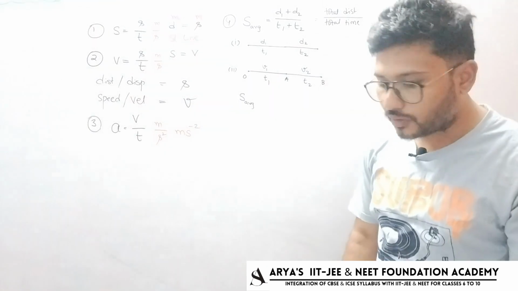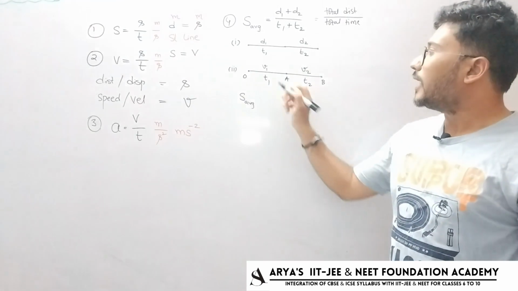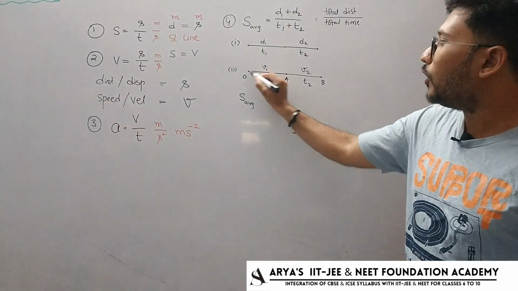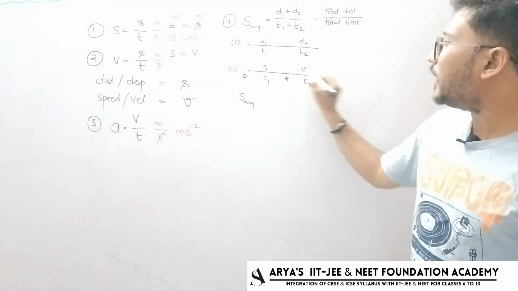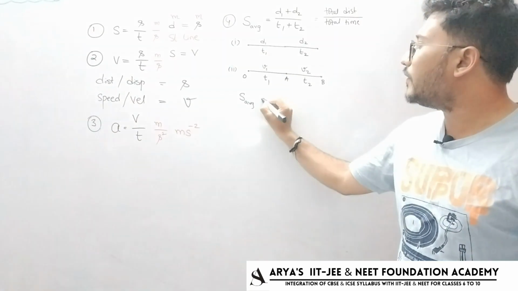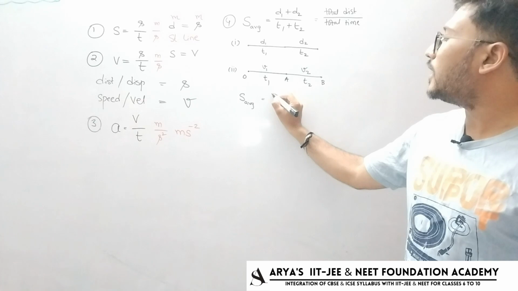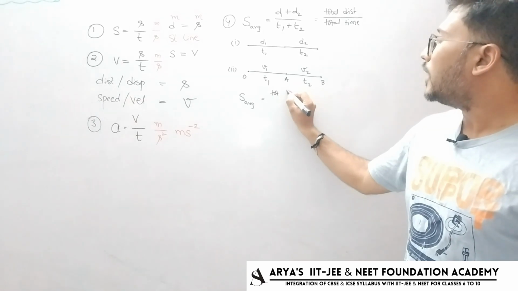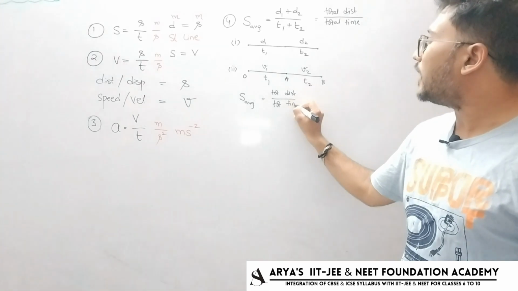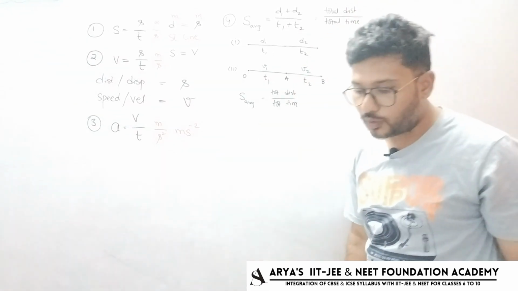Well and good that you wrote. But in the second situation they have given speed. Body has travelled O to A with this much speed and A to B with this much speed, V1, V2, time taken, then S average. We know formula S average is equal to total distance travelled by the body upon total time taken. Now no distances, what to do?